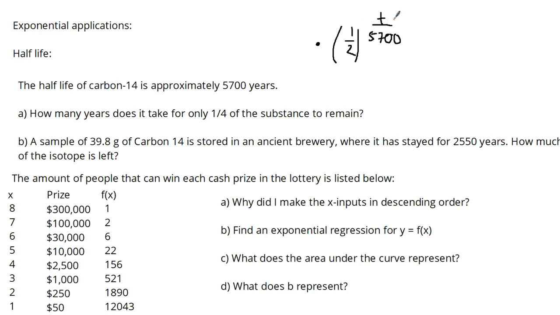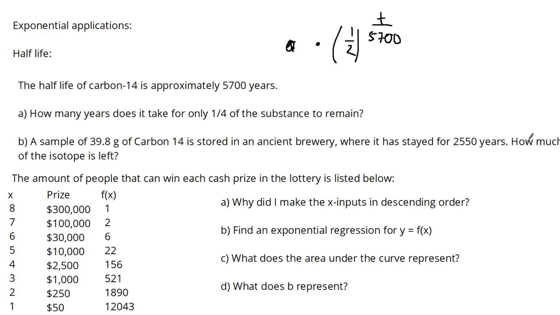Because if you put 5,700 years in there, you'll have 1/2 to the 1, which is 1/2. So times whatever by 1/2. That's why it's called the half-life. And it doesn't matter what's here, a. You can put a here, a times 1/2. So for 1/4 of the substance to remain, 1/4 is 1/2 times 1/2. So you have to have 2 iterations of the half-life.